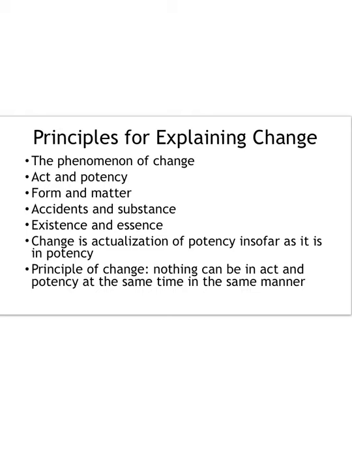They're mutually exclusive, or completely opposite. They cannot be true at the same time, and they cannot both be false at the same time. So, the principle of contradiction is that something cannot be true and false at the same time and in the same way. Or, another way of saying that is something cannot be and not be at the same time in the same way.